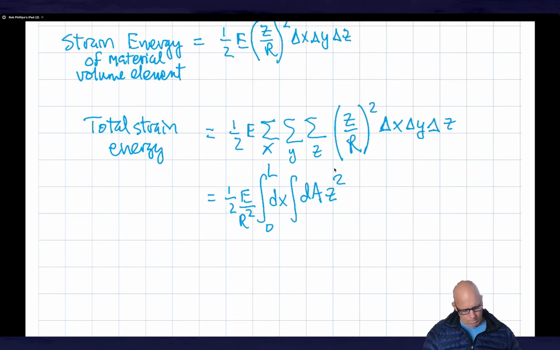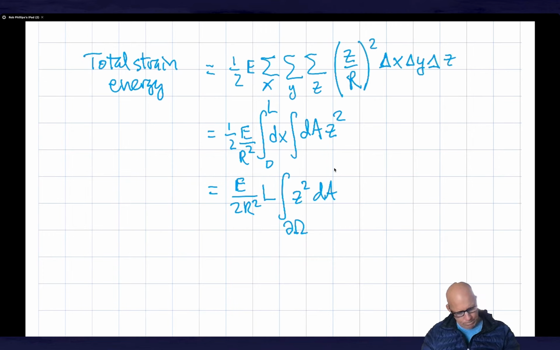So this can be rewritten as E over 2r squared times L, and then the integral of z squared dA, where this is over the cross-sectional area.